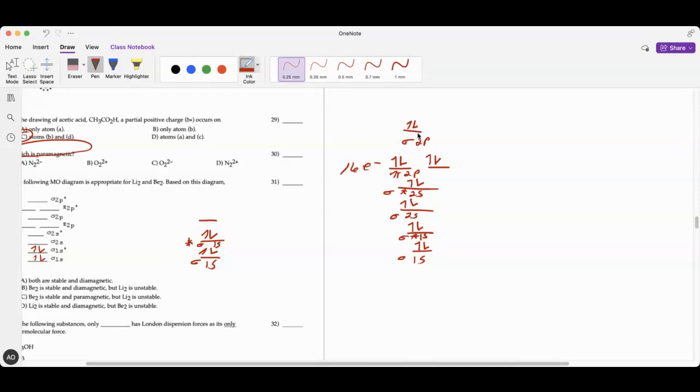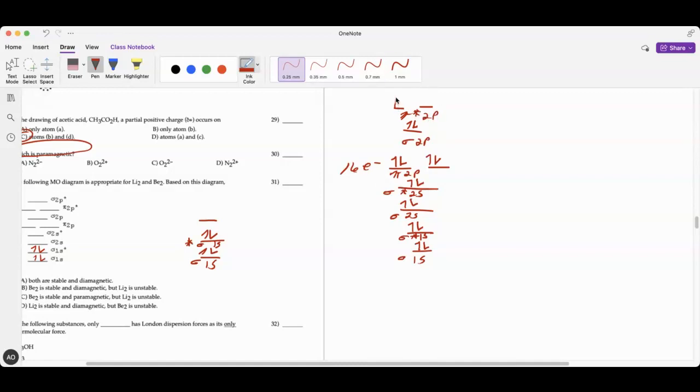So that'll be 14, and then we have the pi star 2p.